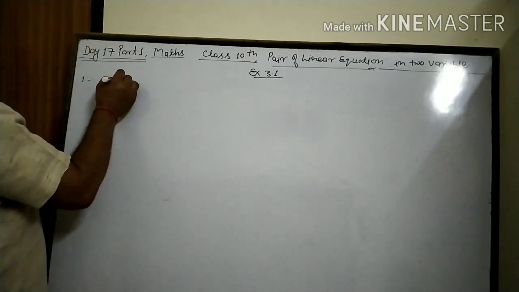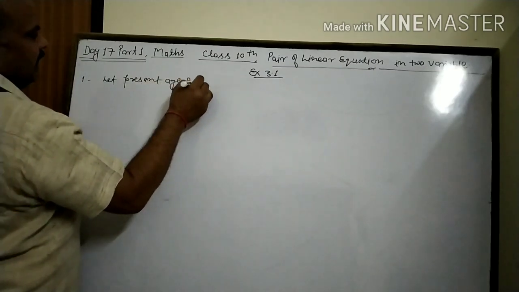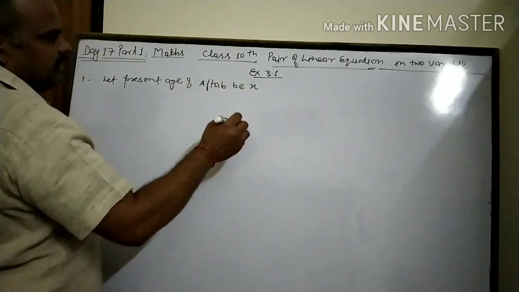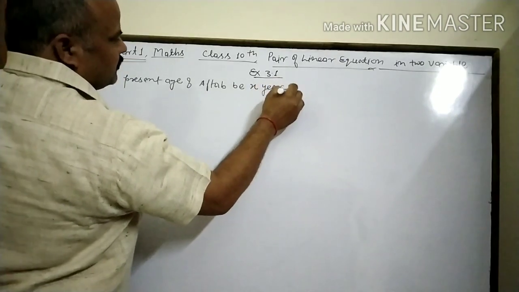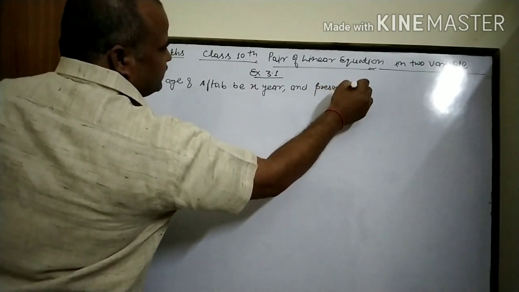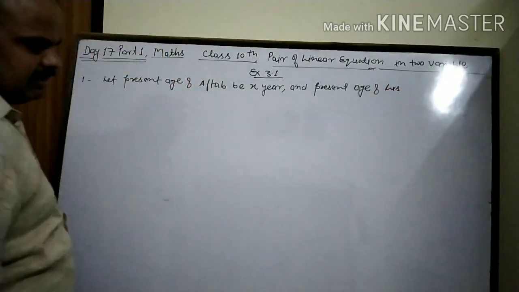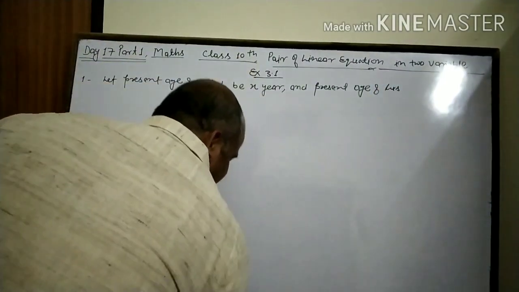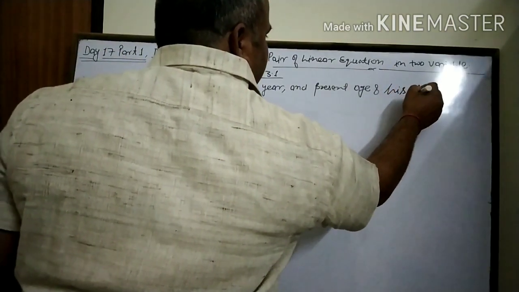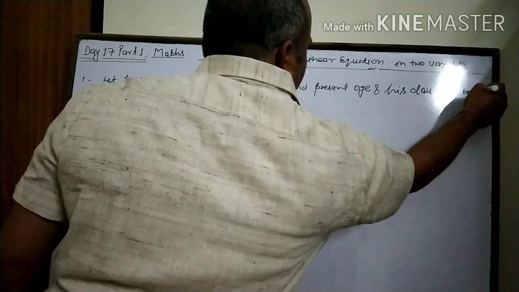Let the present age of Aftab be x years and the present age of his daughter be y years.